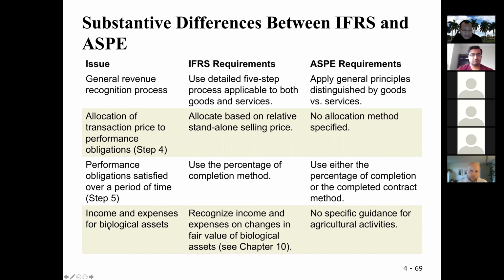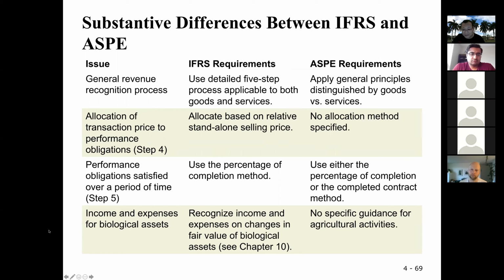Next, income and expenses from biological assets. If I run a dairy farm, my assets are biological assets, the milk cows. The fair value of the milk cow is changing in the market.